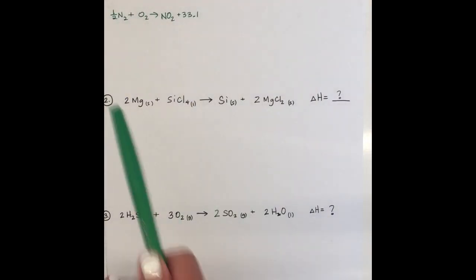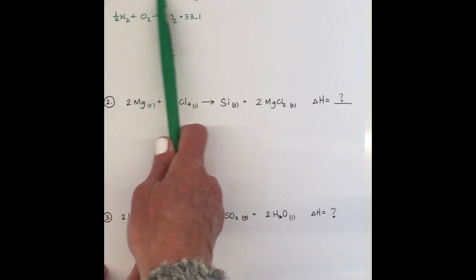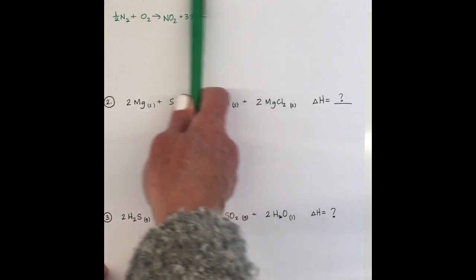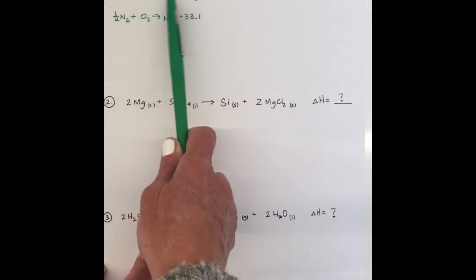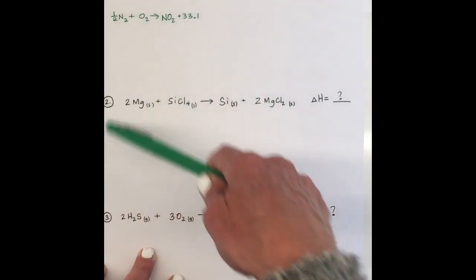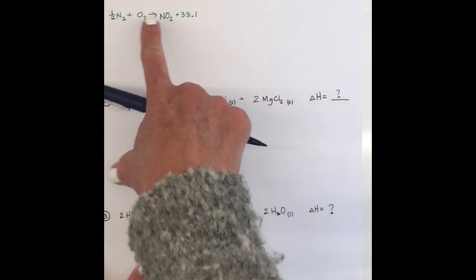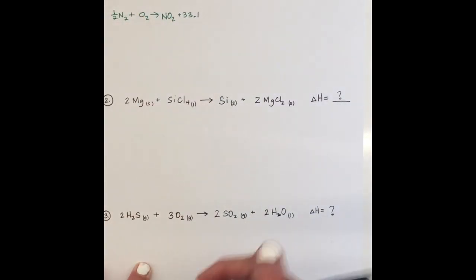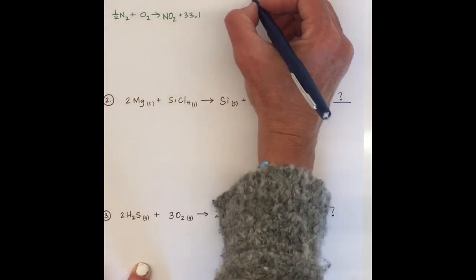So for example, in this first equation, the way I've written it, my NO is on the right side of the arrow. In my desired reaction, the NO is on the left side of the arrow. So I'm going to have to take this equation and flip it, so that NO is on the left side, because that's how it is in my desired reaction. So I'm going to write flip, and I just flip the whole equation.